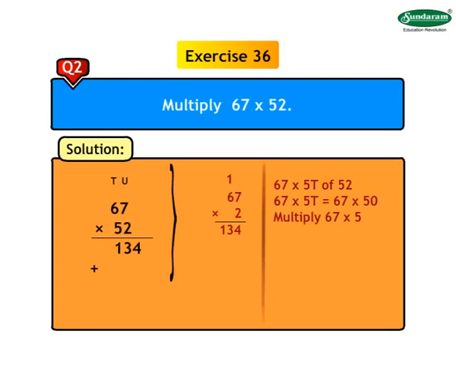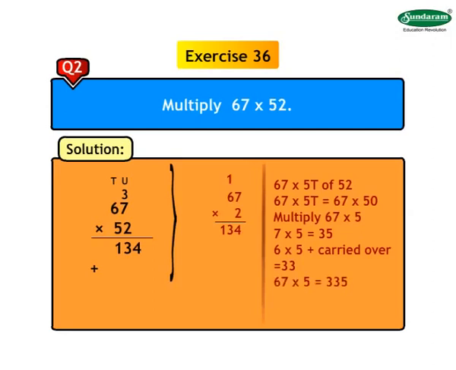Thus, 7 into 5 is equal to 35. Carry over 3 to the tens place of 67. Thus, 6 into 5 plus carried over 3 is equal to 30 plus 3, which is equal to 33.